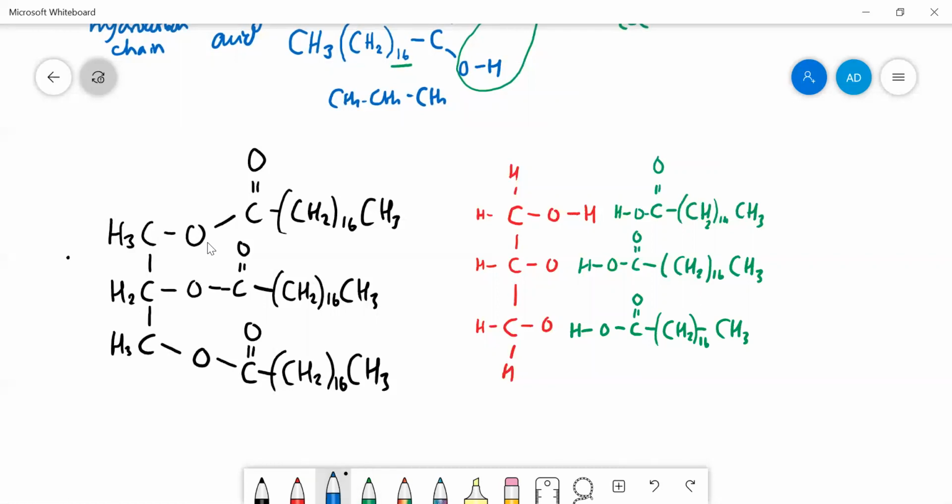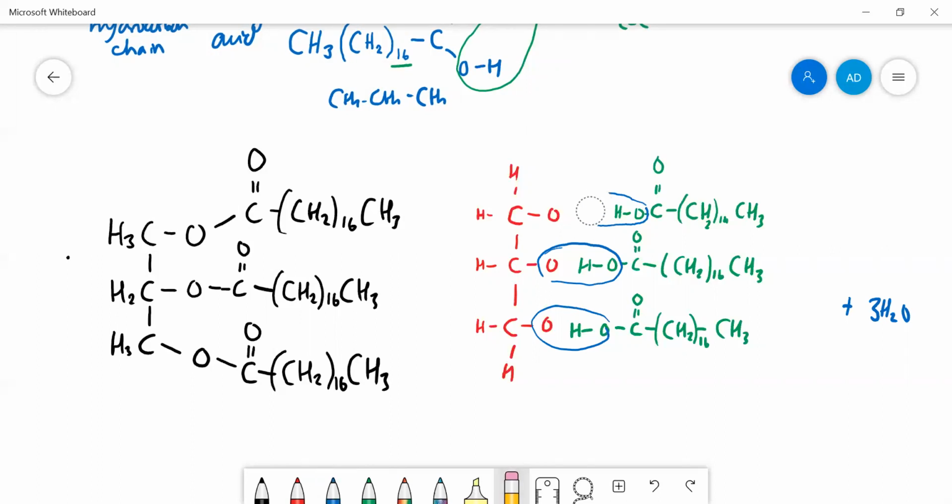So what's going to happen there? The mechanism is that the oxygen would attack that carbon there, but we're not really worried about the mechanism here. We're just going to say we're going to lose this water molecule here, and this one here, and this one here. So I'm going to put 3 H2Os there, and I'm not going to draw the whole thing all over again because it takes too long.